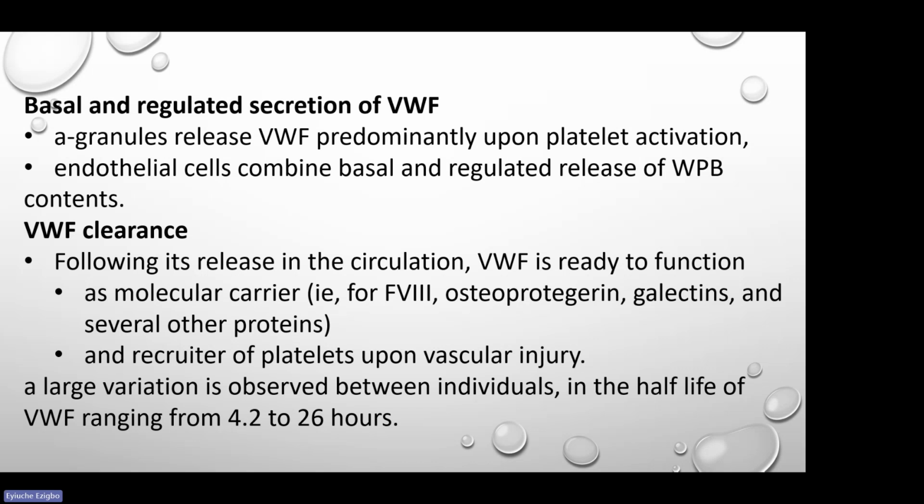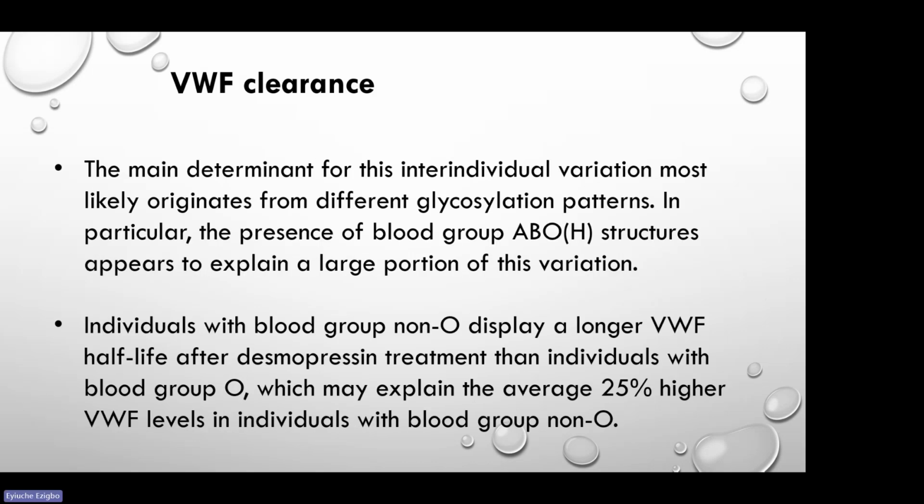Okay. Following its release into circulation, von Willebrand factor is ready to function. It's a molecular carrier for factor 8 and a recruiter of platelets upon vascular injuries, at places of injury. The main determinants for this inter-individual variation most likely originate from different glycosylation patterns.